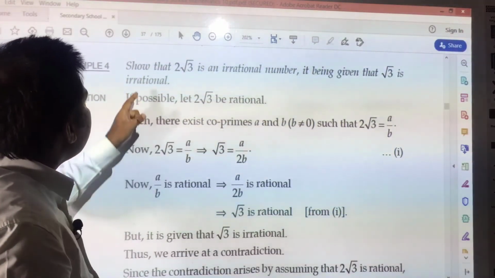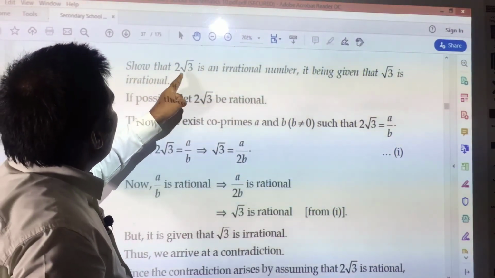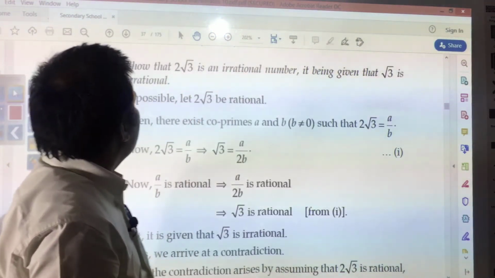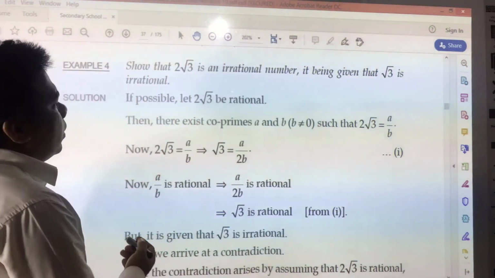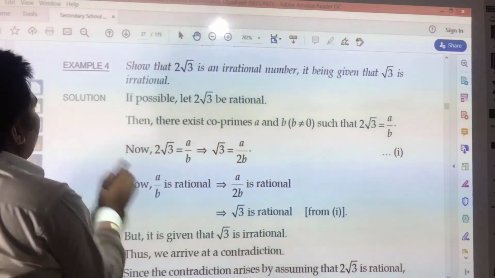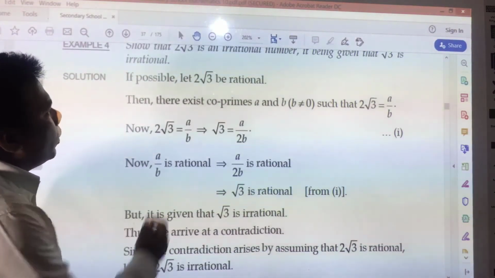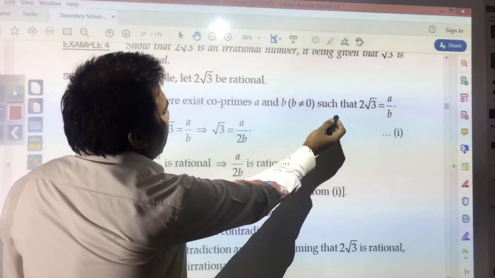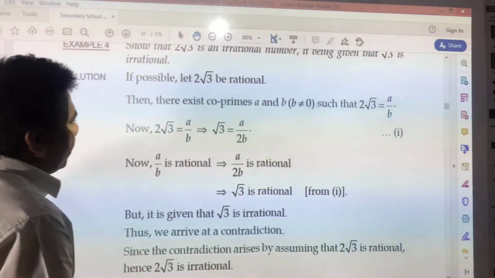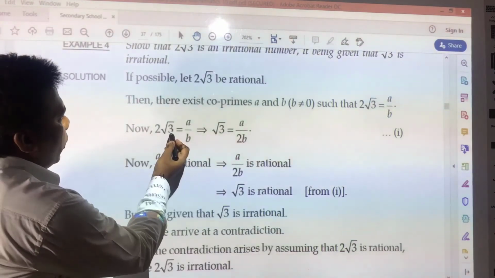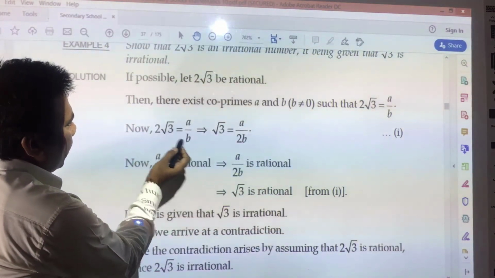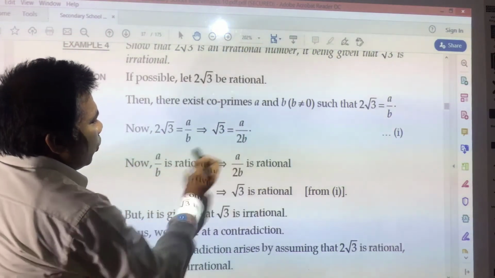Next, you have show that 2 root 3 is an irrational number, it being given that root 3 is irrational. So, again in the same way it is required to be proved. Let 2 root 3 be rational, there exist co-prime a and b such that 2 root 3 is equal to a by b, and again root 3 will be a by b, and cross multiply, so a by 2b you will get.